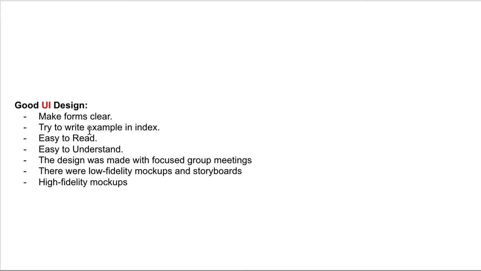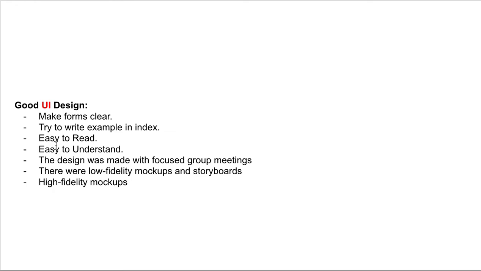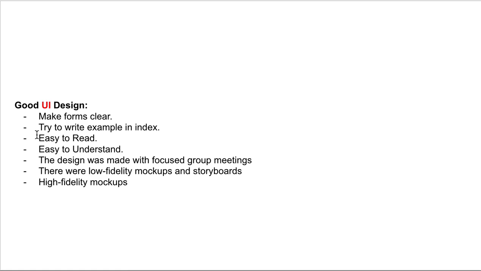A user should know what to write and where to write it. If I want you to enter an SFSU email or password, it should say so somewhere, so that a user knows what to do, and it's easy to read and understand. The design was made with focus group meetings, discussions, and low fidelity and high fidelity mockups.